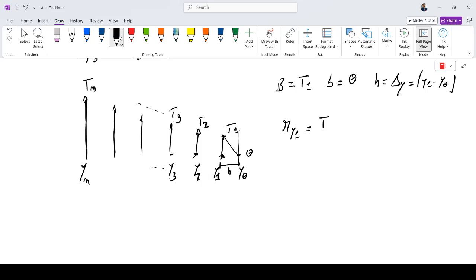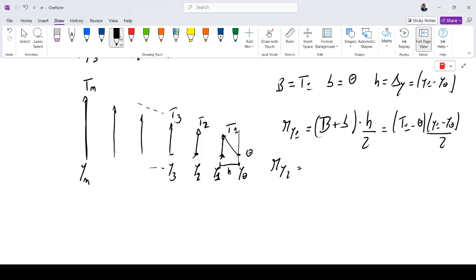So we have B major plus B minor times H divided by 2. And this is T1 minus 0 times y1 minus y0 over 2.